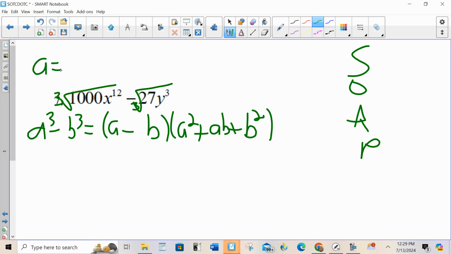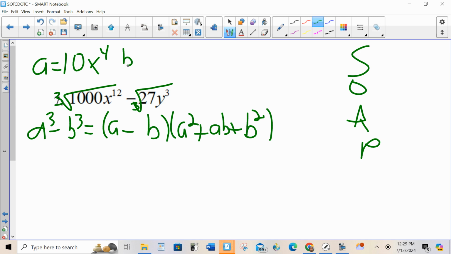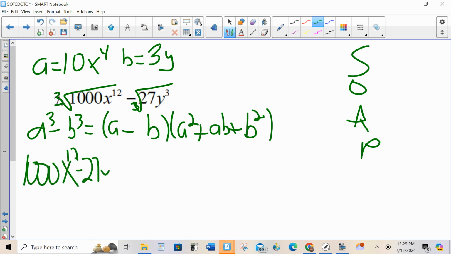The cubed root of 1,000 x to the 12th. Well, the cubed root of 1,000 is 10. For the exponent, we divide the power by 3, so 10x to the 4th. Cubed root of 27 is 3. Cubed root of y cubed is y. So 1,000 x to the 12th minus 27y cubed equals a minus b, which is simple, 10x to the 4th minus 3y.